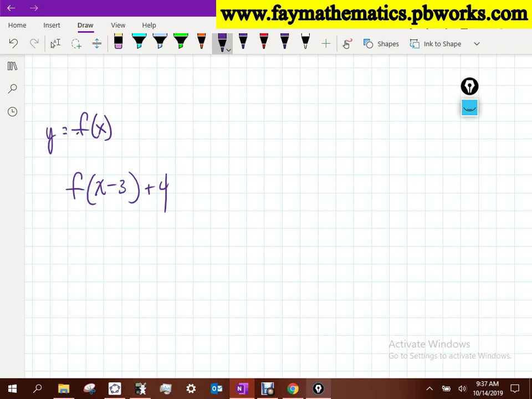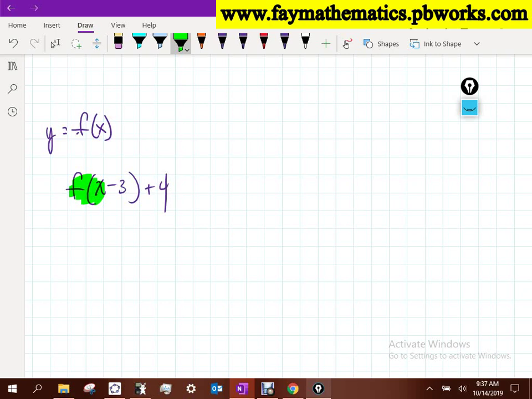It's what you're adding. Remember, this is the rule. F of x is the rule that provides your y value, right? If I'm adding 4 to that, that means my y value just increased by 4, right? So when you increase your y value or decrease your y value, that's a movement up and down. So the plus 4 is moving it up.